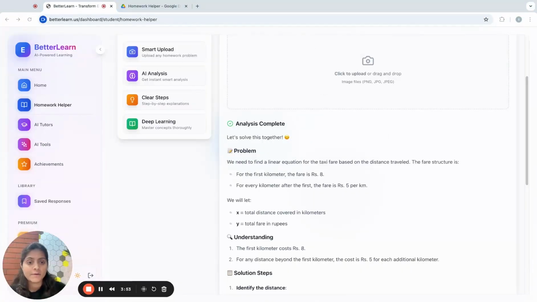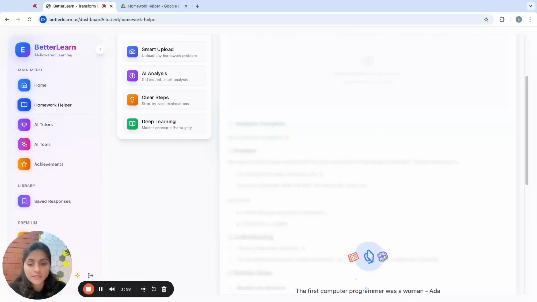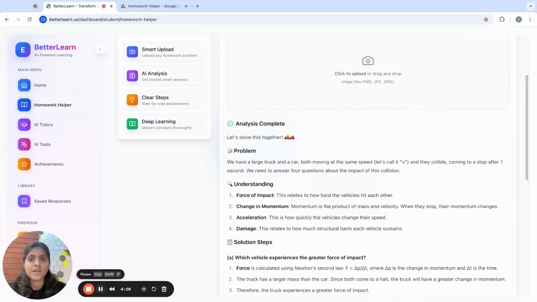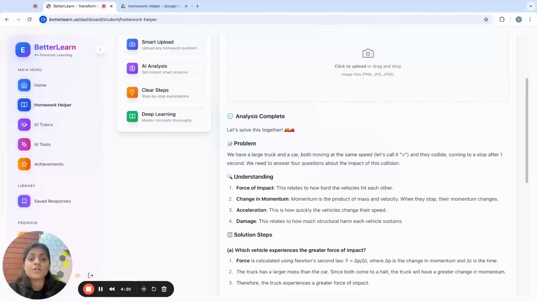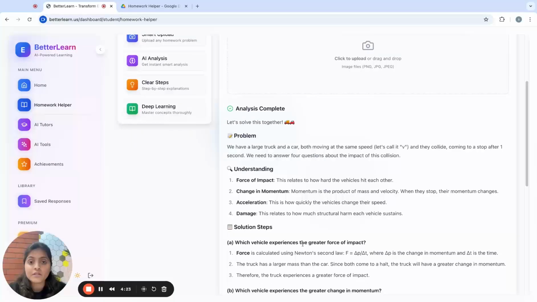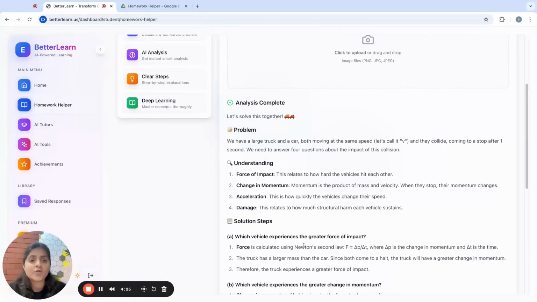So let's upload the physics question here. It takes a moment. Okay, so here you can see the solution of the physics question. You can see that it doesn't just solve the problem, but also explains the concepts in a simple way, and it provides a concise yet detailed answer. And there is one interesting feature we have.